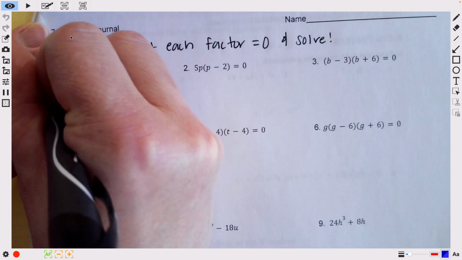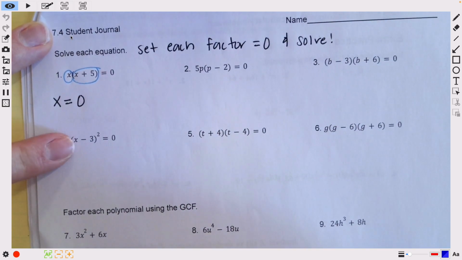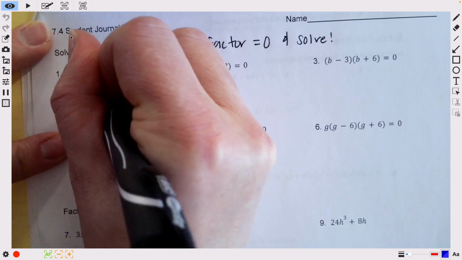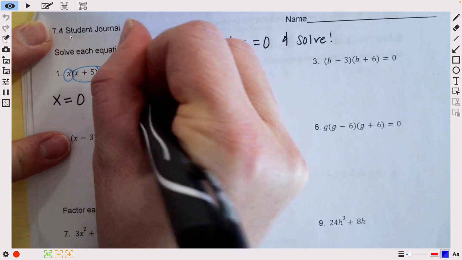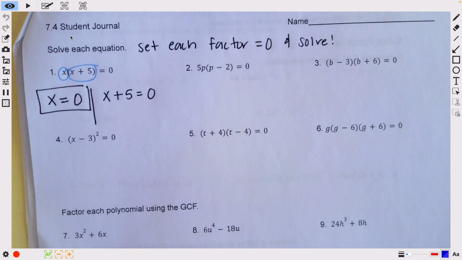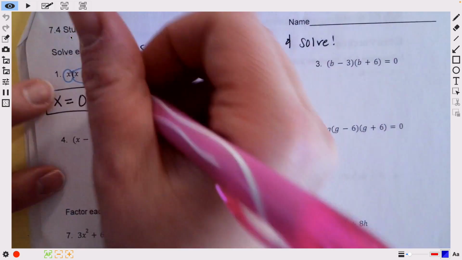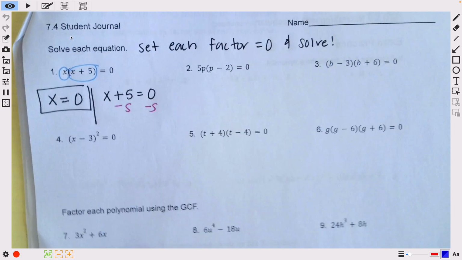So when you set that first factor equal to 0, guess what? That's one of your answers right there. So if you see a lone letter just hanging out on its own, that just means one of your answers is going to be 0. Because when you set it equal to 0, you get 0. And then we'd finish it off by subtracting 5.